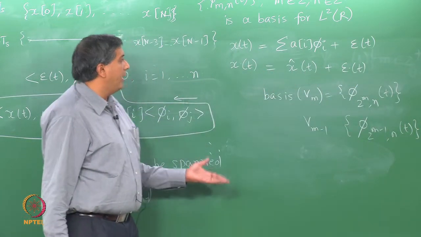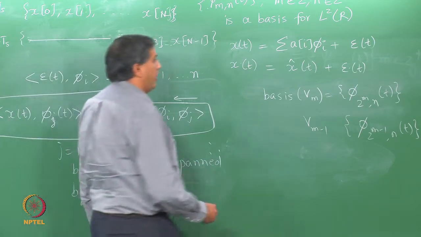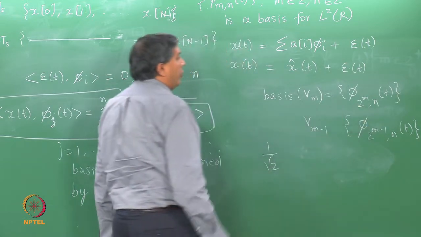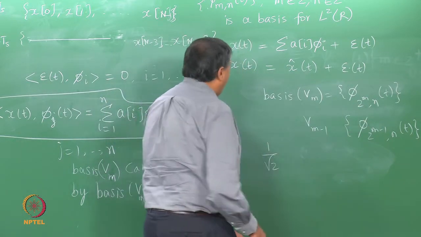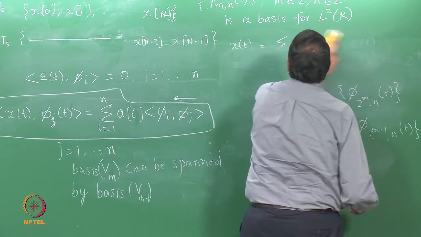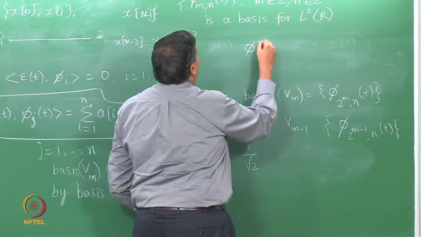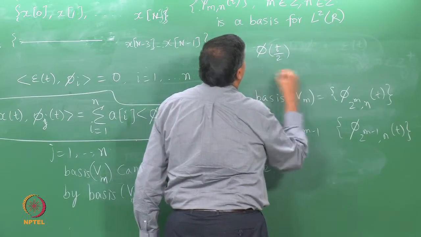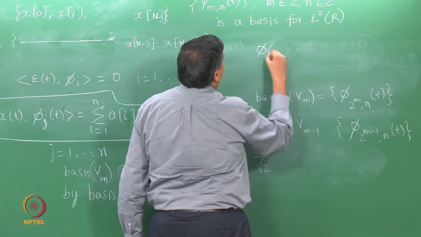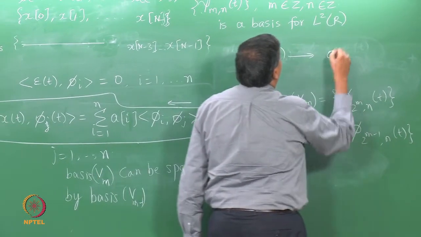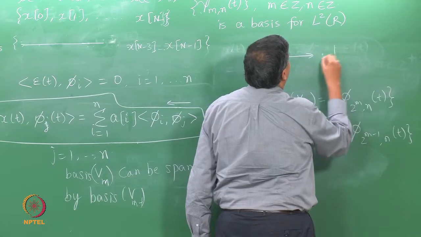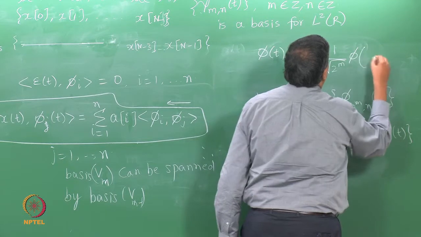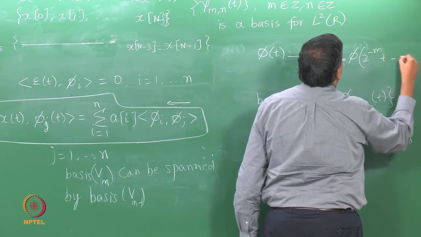So, what we have done is we have set m equals 1 and written that equation. Although I have written phi 2 power m here, we know that it is nothing but a scaled version of phi. When I move from phi of t to phi 2 power m, that is nothing but 1 over root 2 power m times phi of 2 power minus m t minus n.